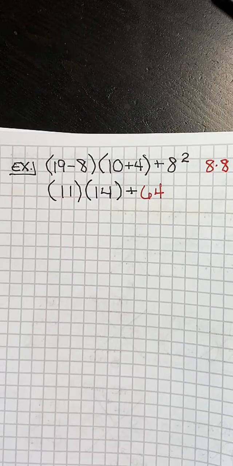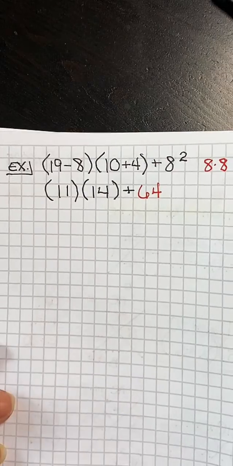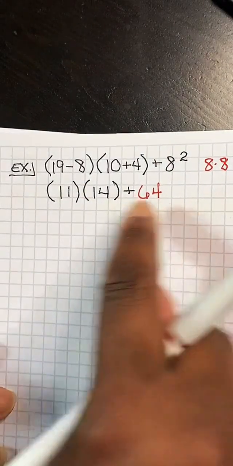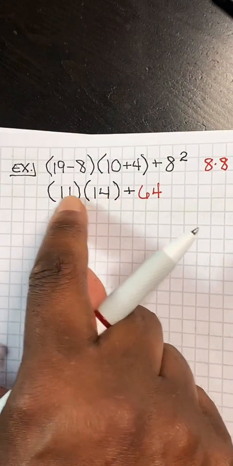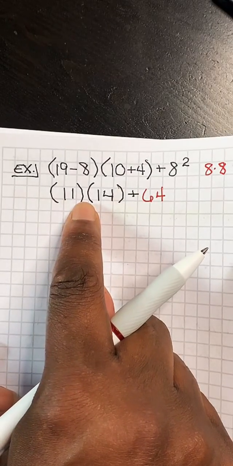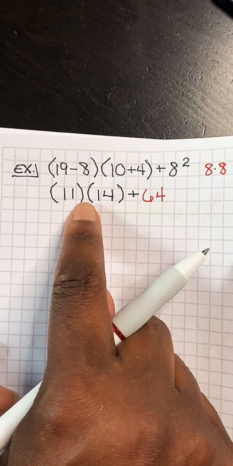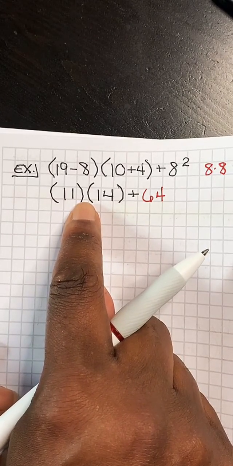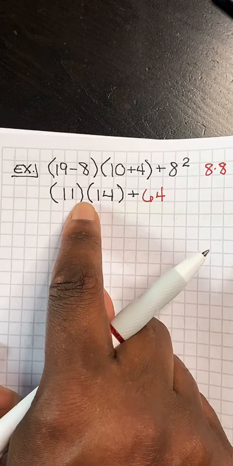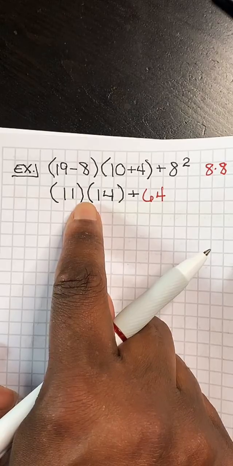All right? So now we need 11 times my 14. Okay? From left to right, we have multiplication. Sometimes the multiplication in the old exams, I can't believe some people are still using X's for multiplication. Let it go, let it go, let it go. Okay, we either use a dot or parentheses, or brackets, to represent our multiplication.